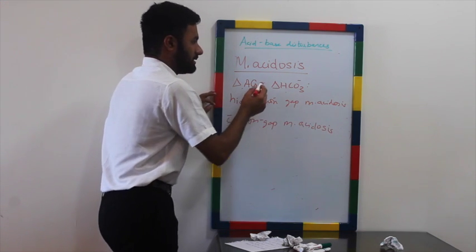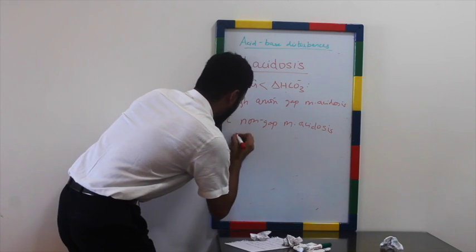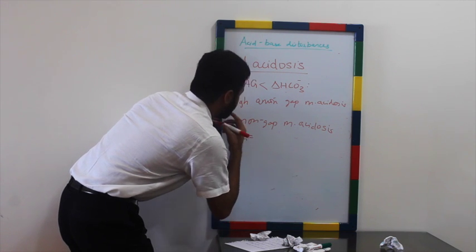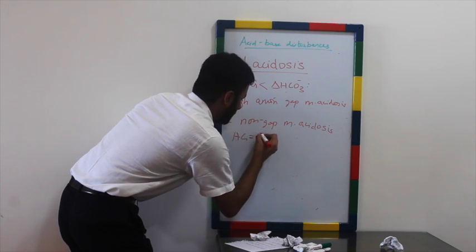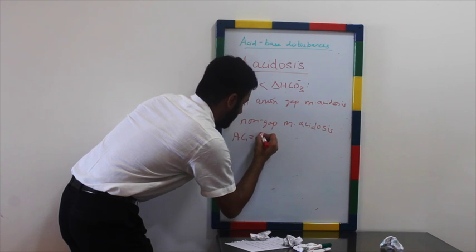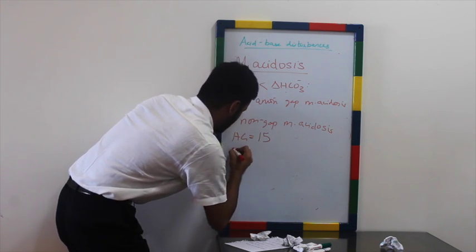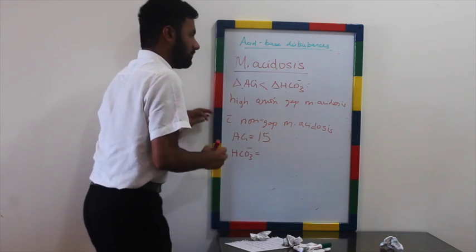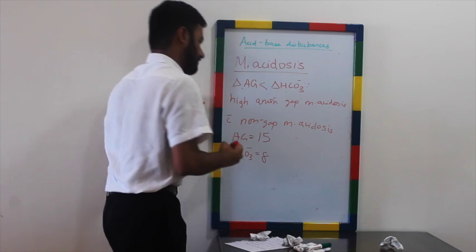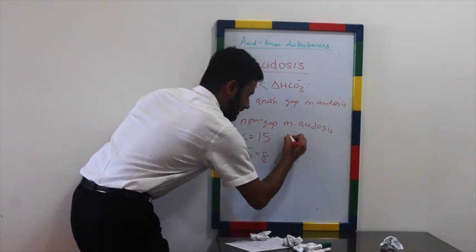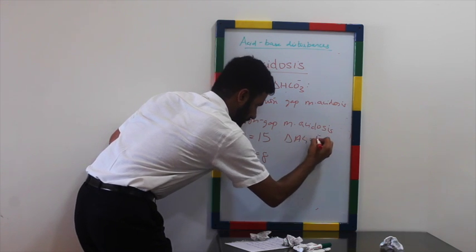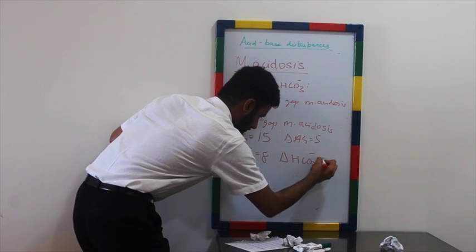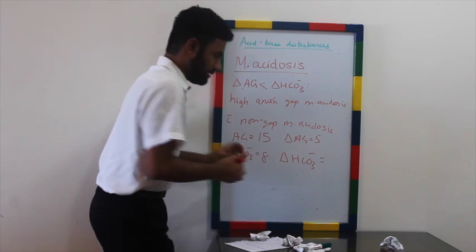Why does this happen? Let's say the anion gap is 15, but the bicarbonate is 8. So the delta anion gap is 5. The delta bicarbonate is 25 minus 8, which is 13.